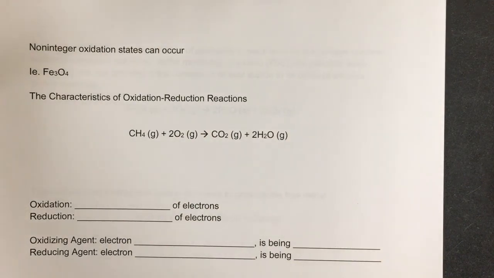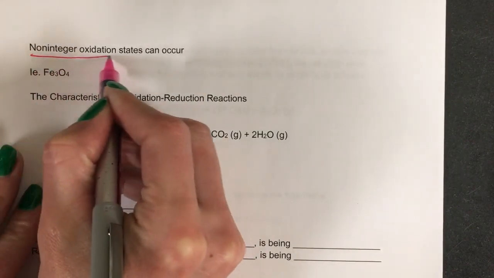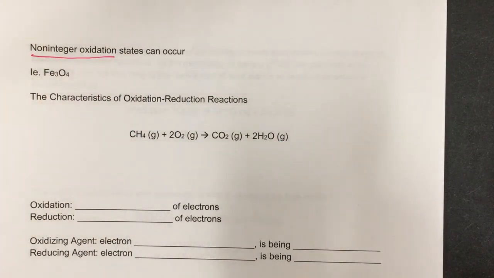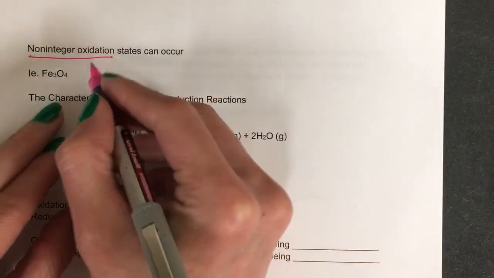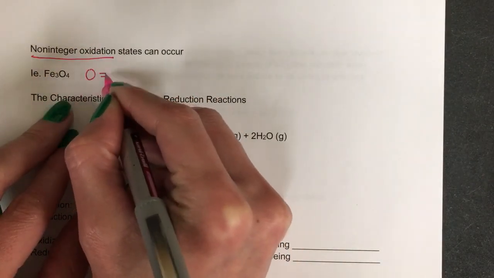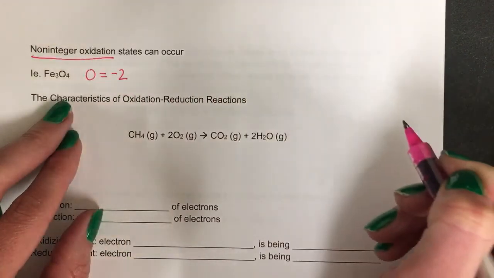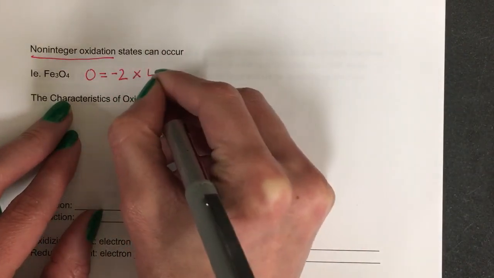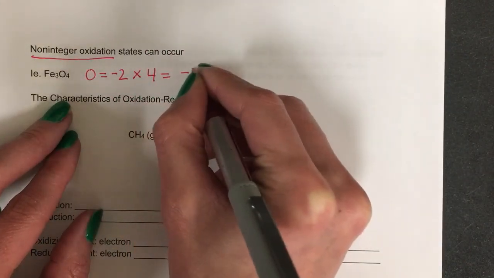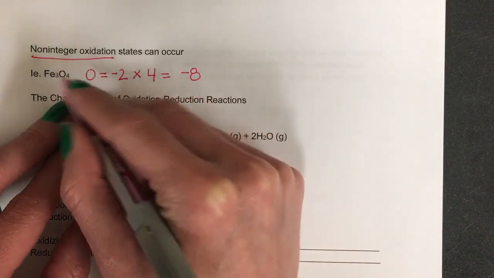Now this is how oxidation states differ from charges. I can have non-integer oxidation states, so I can have fractions. Okay? In this case, oxygen is still a negative 2. I have 4 of them, so I have 8 negatives.